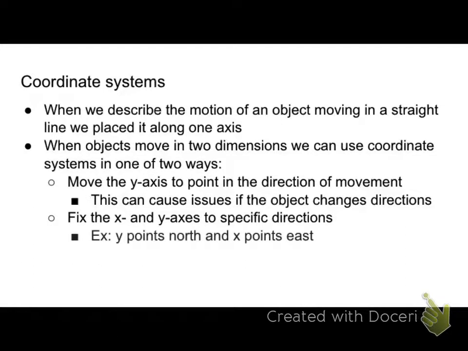So for example, you could just say y is always going to point north and x is always going to point east. Then if your motion is at an angle other than straight up or straight east or west, it's never going to line up on those axes, but you will always know where those axes are pointed. You're not going to have any ambiguity or confusion about that.